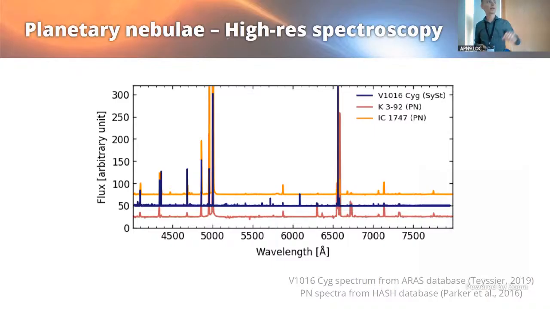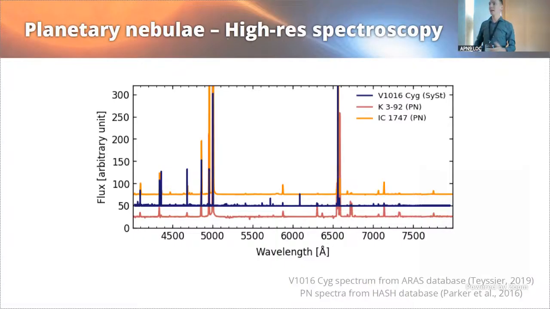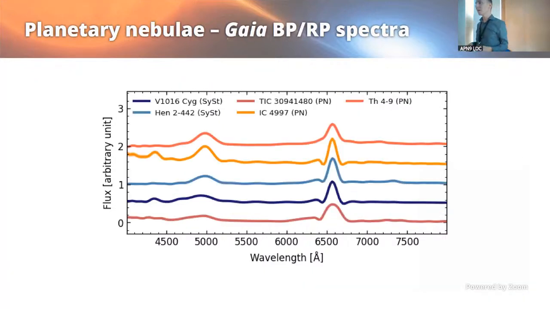So here again, on that topic of these things being similar, you have two PNs and one symbiotic star on this figure, and you see that at first look they can look similar, but then if you measure the fluxes, you can distinguish. The problem is, and now I'm getting to the Gaia part, that if you have Gaia BP/RP spectroscopy, for example, which is very low resolution, I am not able to distinguish between planetary nebulae and symbiotic stars.